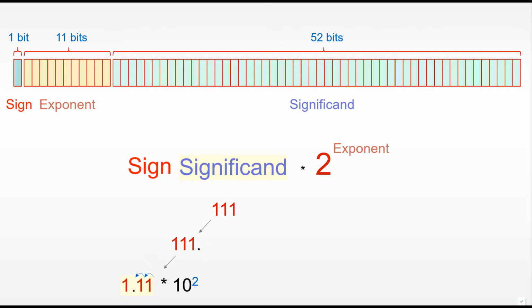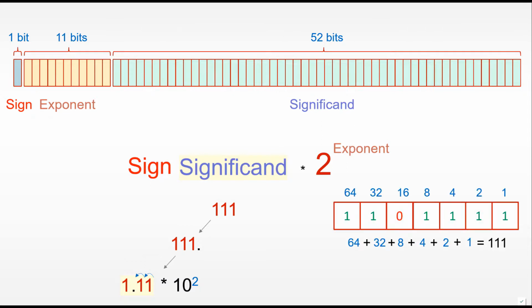Well, we will do exactly the same thing with 111 as a binary number. Remember, to have 111 as a binary, we would represent the number by a series of ones and zeros. And it turns out that the series of numbers that adds up to 111 is 1101111.